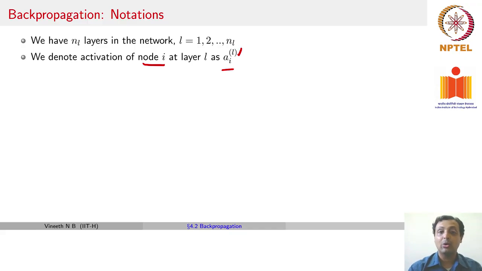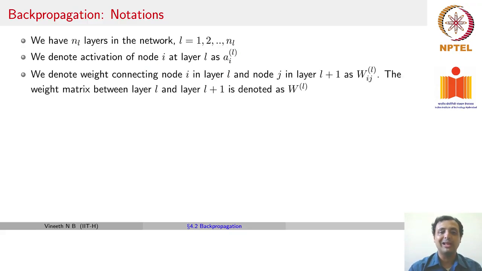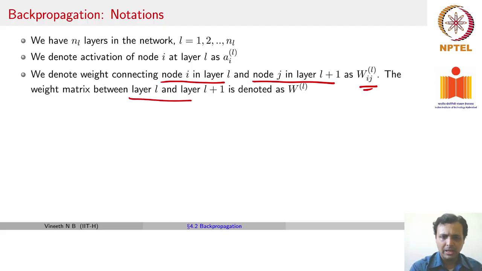And in the Lth layer, we call it a sub i, superscript L. We denote the weight connecting node i in layer L and node j in L plus 1 as W sub ij in the Lth layer, and the entire weight matrix between layer L and layer L plus 1 is denoted as W superscript L.